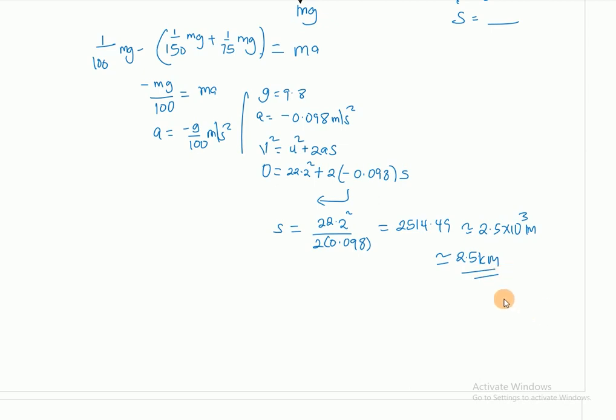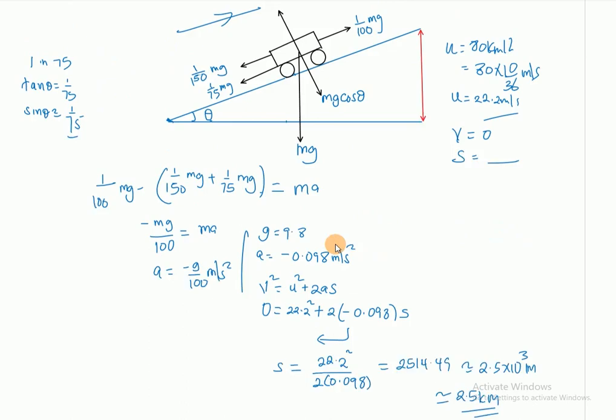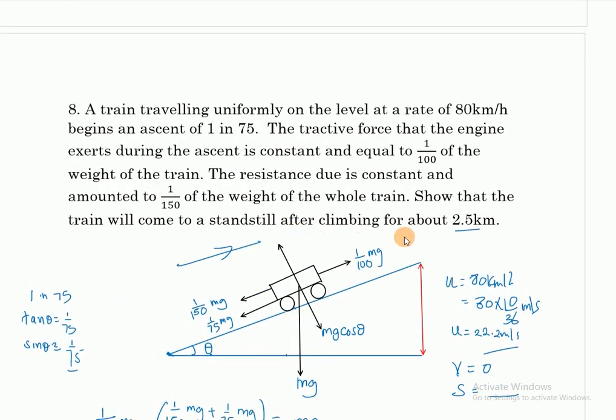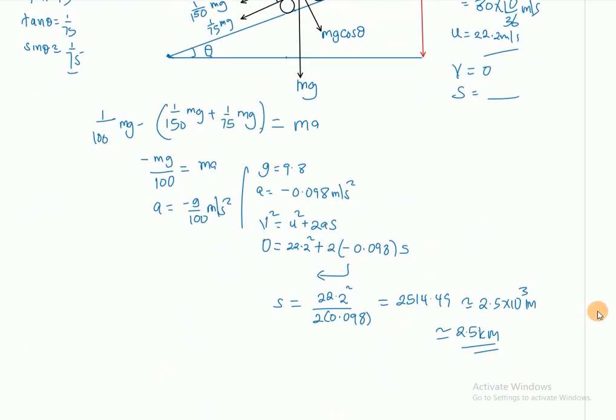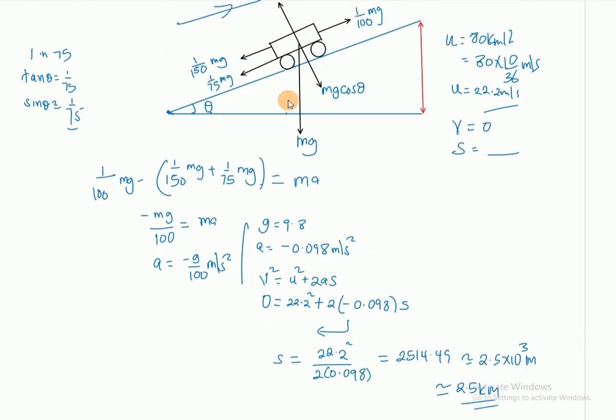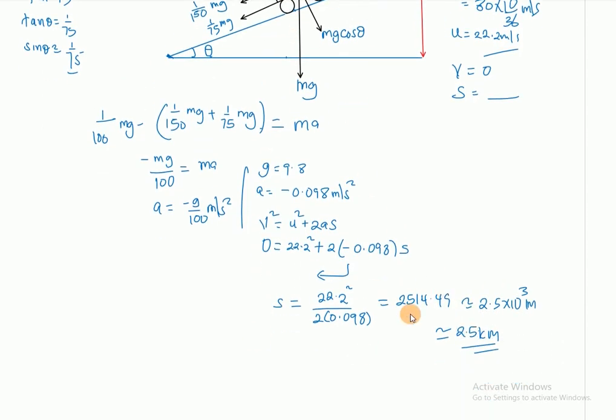And yes, they said it will come to a standstill after about 2.5, it is not exact, but about 2.5. This is the number of meters which the train is going to move up the incline, and those meters can be transformed into kilometers as 2.514, which is approximately 2.5. That is what we have there.